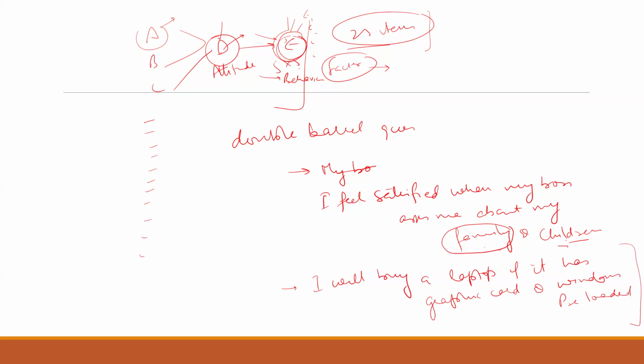Suppose if he says no, it means that if he gets a graphic card, he will not buy the laptop. So you are putting two conditions here. But there is a possibility that I will buy a laptop only with graphic cards, or I'll buy a laptop even if it is only Windows preloaded, right? So you're giving two options, but I can buy even if one.